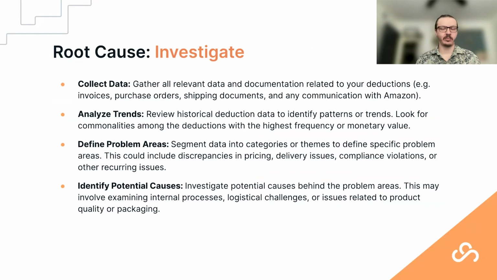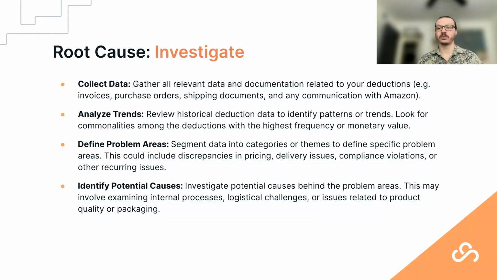And this is a key piece because in order to tell a compelling story, we need to gather relevant data, documentation from a variety of different sources, whether that's Amazon, whether that's your internal system, in order to put it on the timeline, in order to tell a story or to understand if there's trends in what we see on that timeline as well. So again, once we've gathered the data, let's look at the data and analyze trends.